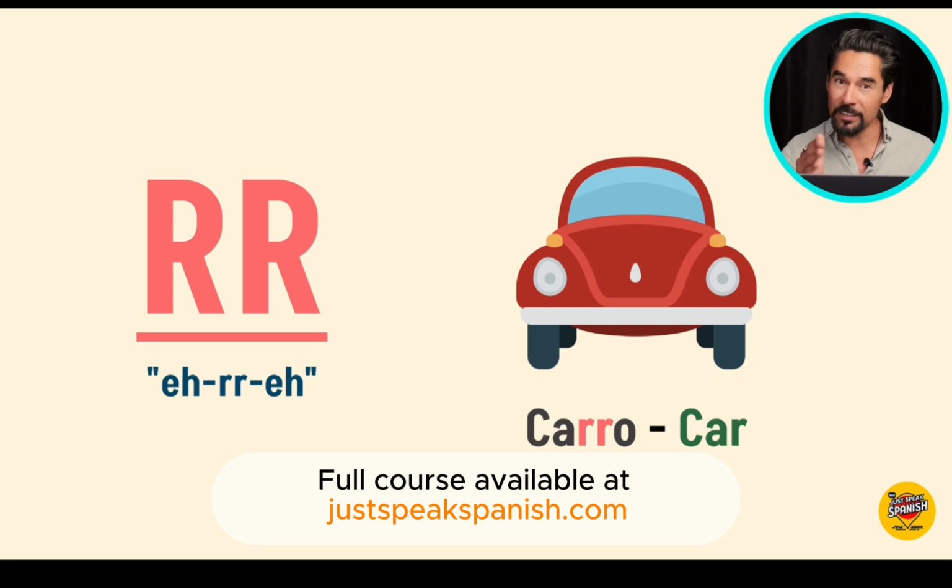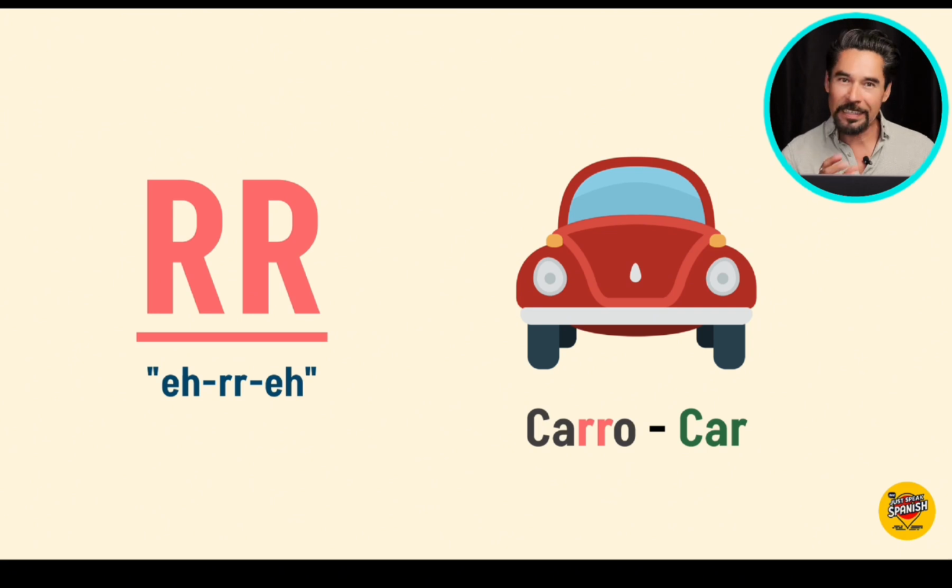And the next one is the double R, which we talked a little bit about earlier. The double R is just a strong sound, and you see it always towards the end or in the middle of words. Here we have the word carro. You see, I'm breathing from the diaphragm, I'm relaxing the tongue, and I'm just breathing out and rolling the tongue.